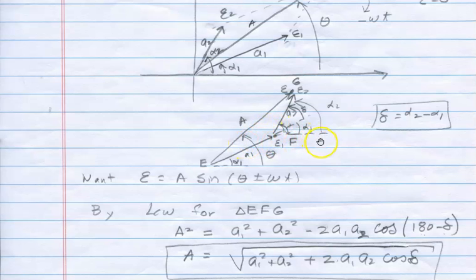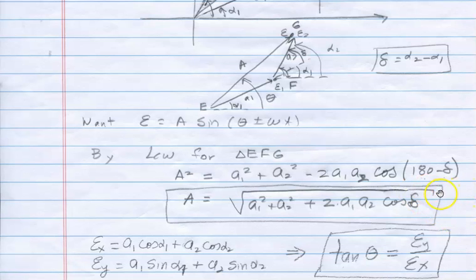And if you look at that angle, you'll see that this angle is delta. That's alpha 2 minus alpha 1. Then this angle is 180 minus delta. So this becomes cosine of 180 minus alpha, minus delta.